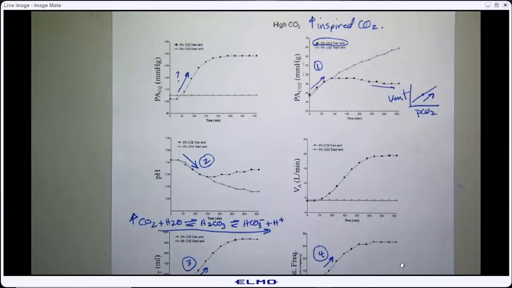Why did that happen? Because we increased ventilation. So this is also important to remember: when you mess with one, you're going to mess with the other. You can't change one independent of the other, because changing ventilation will mess with oxygen and CO2.